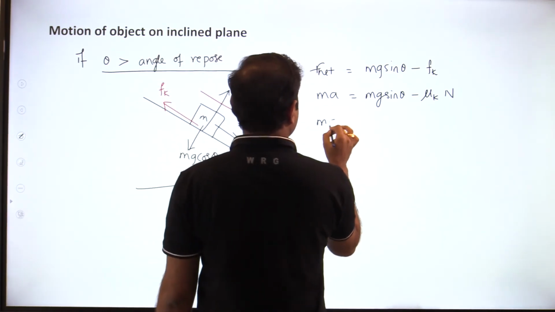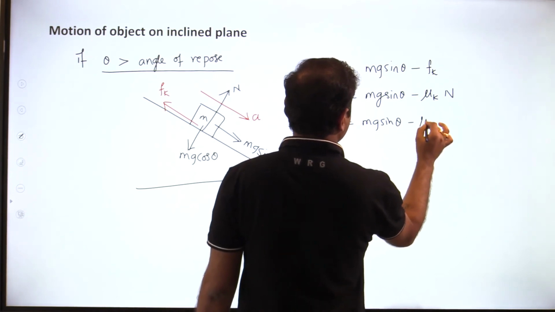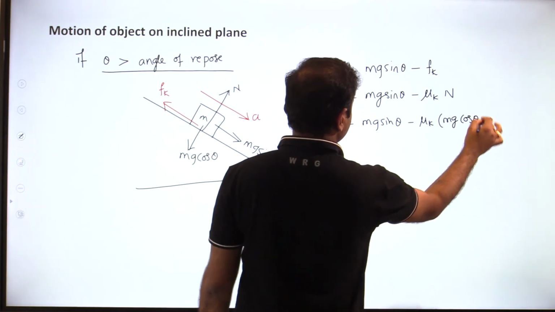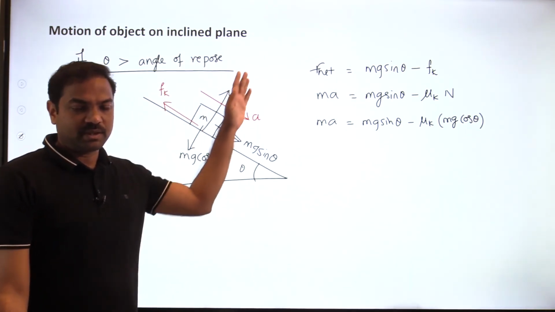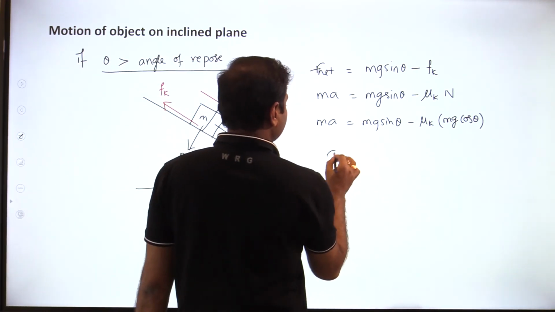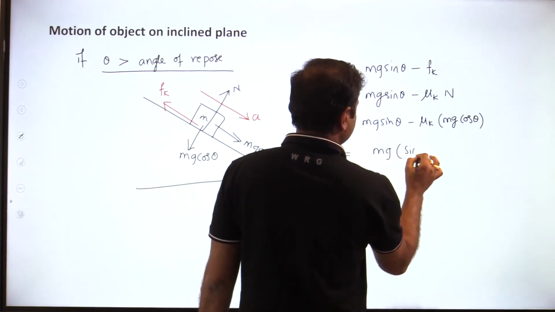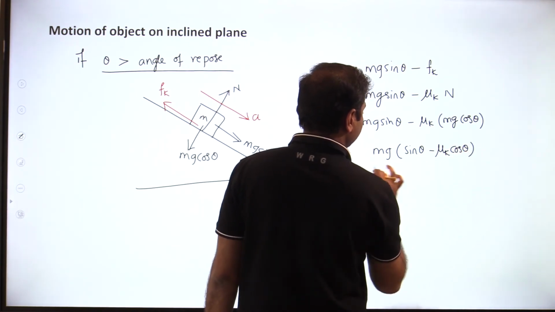So ma is equal to mg sin theta minus mu k into the normal reaction. The normal reaction is mg cos theta, balanced perpendicular to the incline. That is what we do every time. Then the acceleration is equal to mg, which I can take out, times sin theta minus mu k cos theta, divided by m.